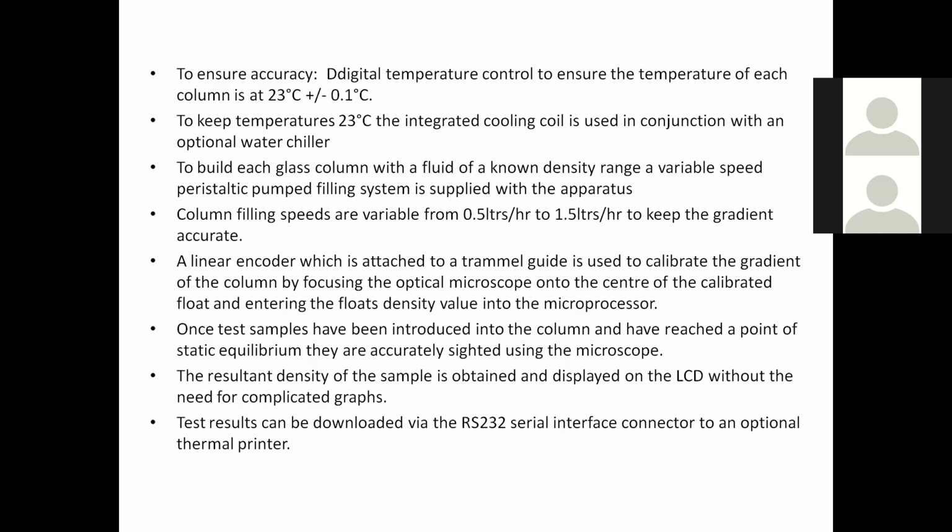But nowadays you just measure and you place the position of samples as well as floats. And then you will get the graph, and by using that graph you can calculate, or the graph will immediately give you the density of your sample, whatever specimen you are putting inside your column.